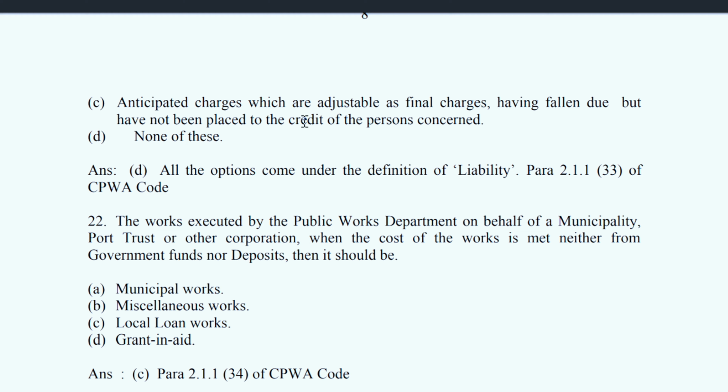Anticipated charges which are adjustable as final charges having fallen due but have not been placed to the credit of the person concerned. None of these. All options come under the definition of liability. So the answer is this one.